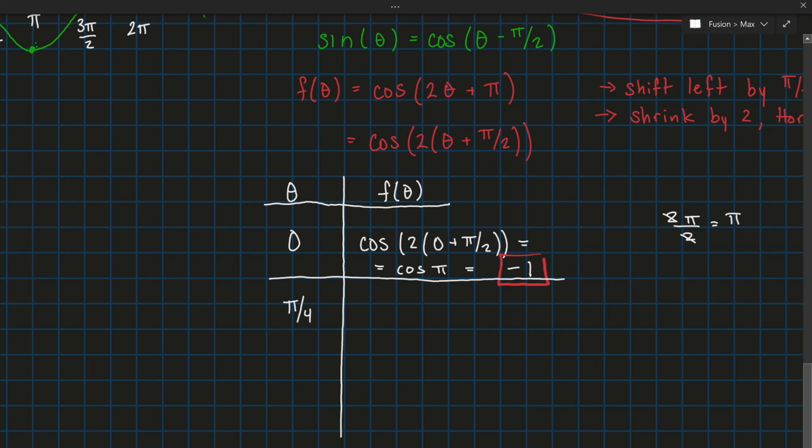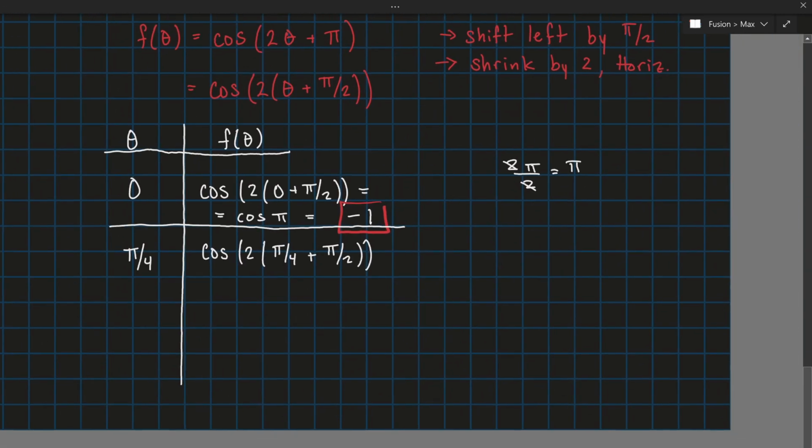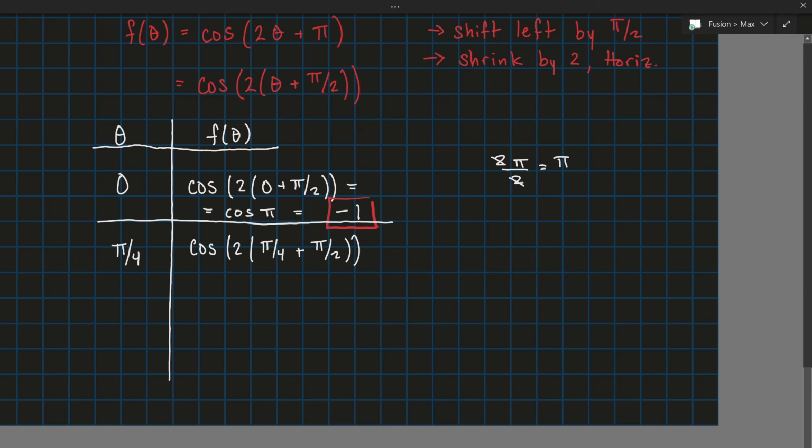Okay. So we have cosine of 2 times pi over 4 plus pi over 2. So what's pi over 4 plus pi over 2? Three pi over 4, good. So we have 3 pi over 4, and then we're multiplying that by 2, which will give us what?